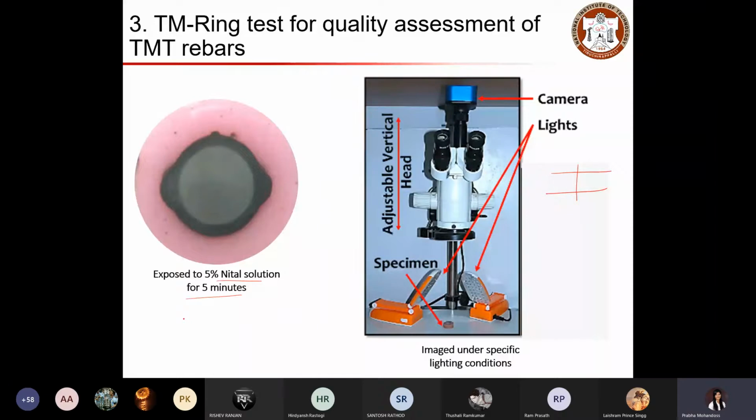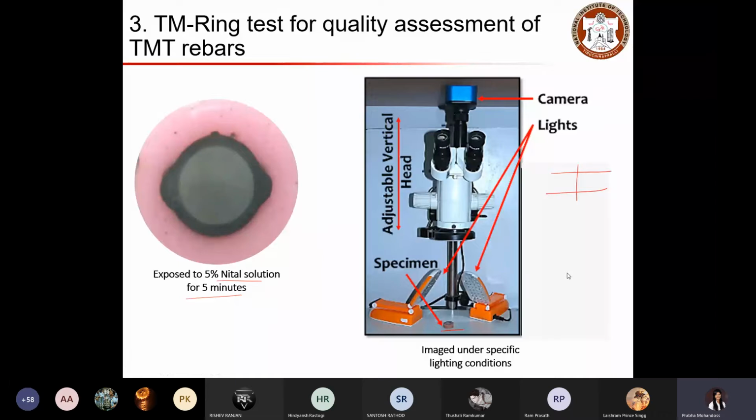So you have a test setup shown here, and this is how the test specimen will look. Once you prepare this test specimen, it will be kept here. You can see the test specimen shown on the left side: the pink mold, and inside it your TM ring cross-sectional specimen, which you keep under this setup.